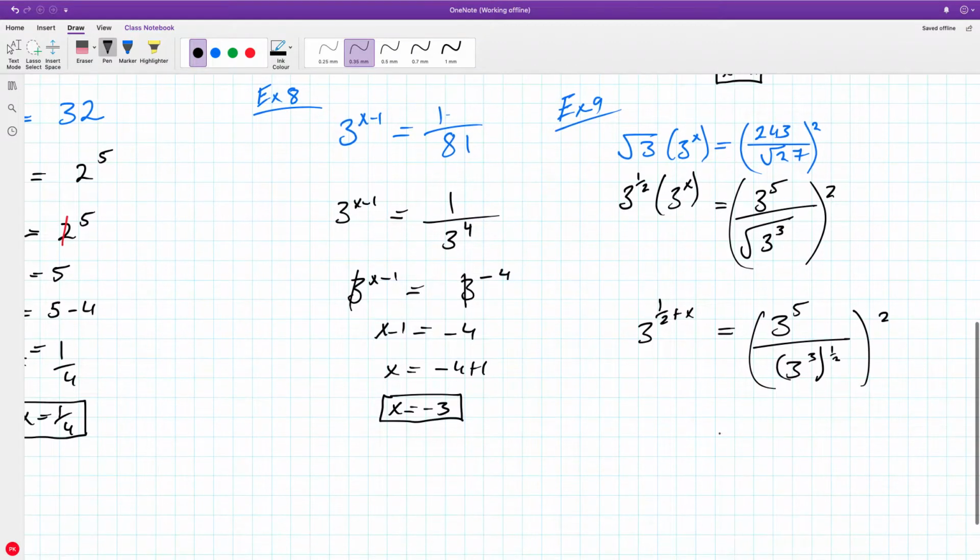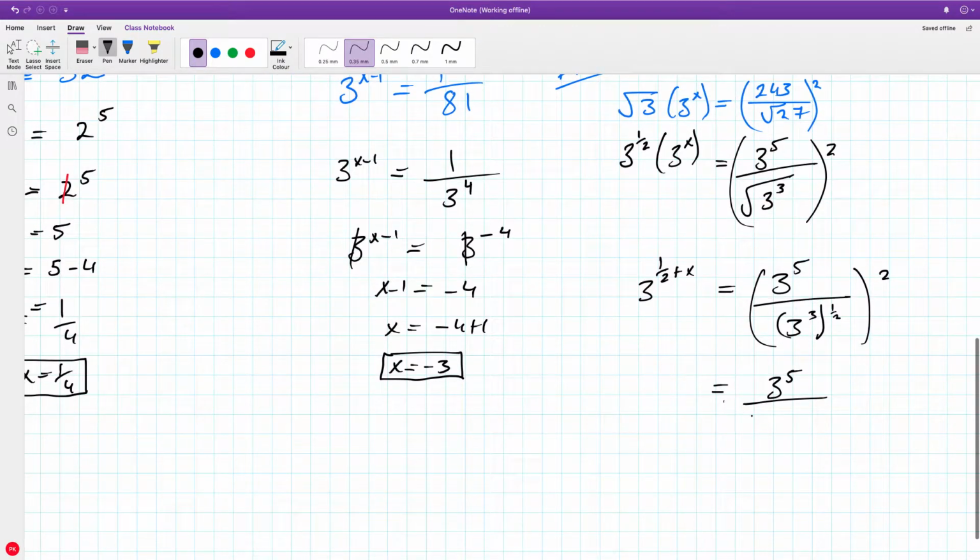Right, let's work with the right hand side. 3 to the power of 5 over, power raised to a power, what do we do?